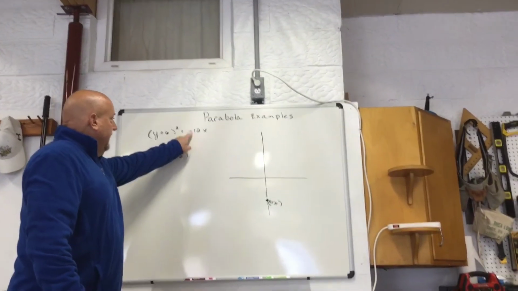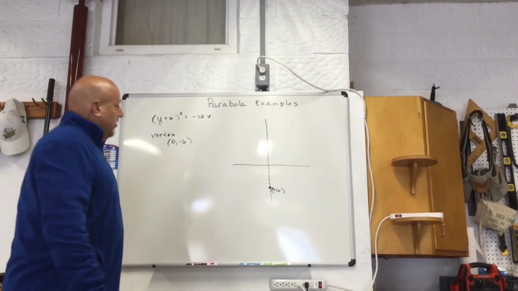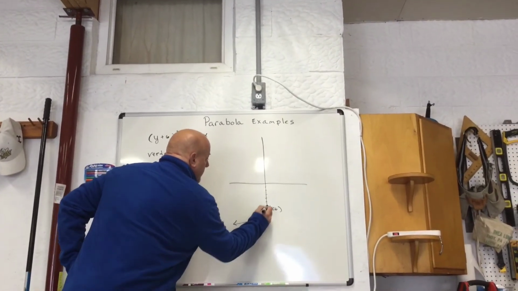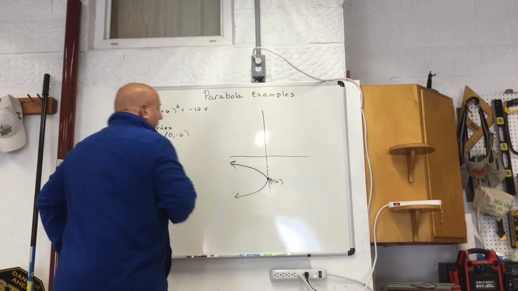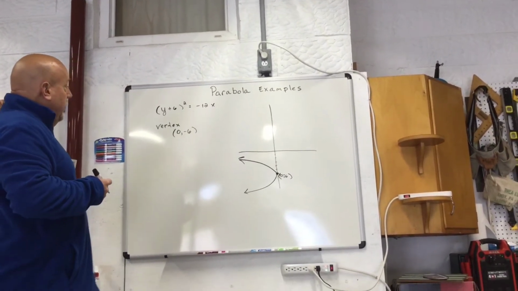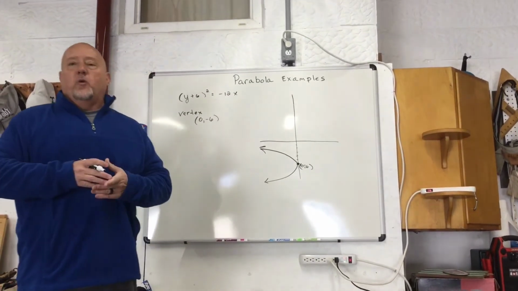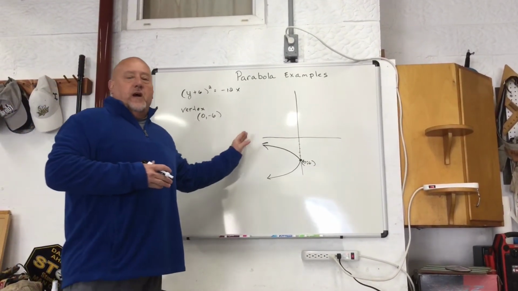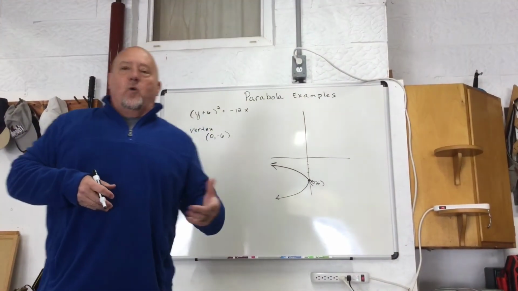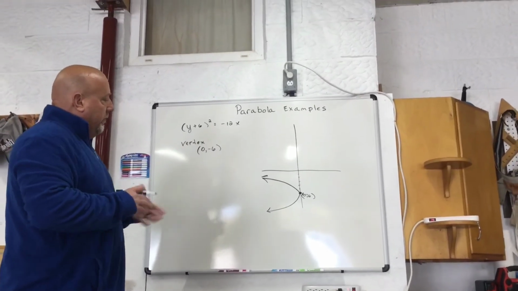Since the p term is now negative, the parabola is going to go this direction. Again, that is a very rough draft of that parabola, and we could make it much more precise by finding places where it may cross the axis. If I want to find out where it crosses the x-axis, I simply put in 0 for y in my equation and solve for x. So that's the general form of what that parabola is going to look like.